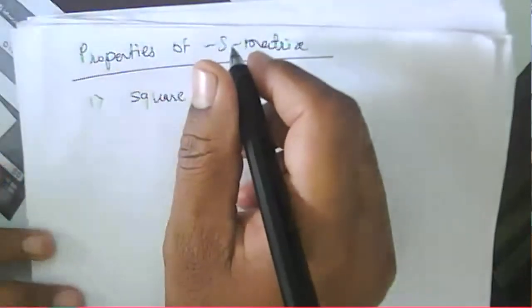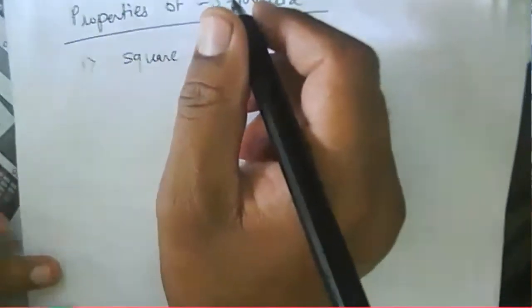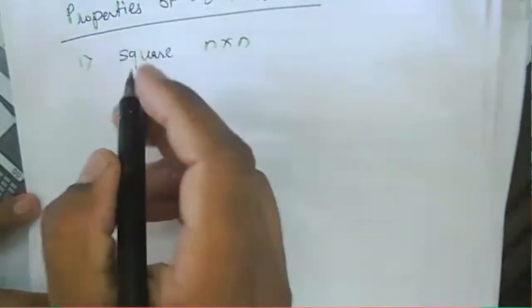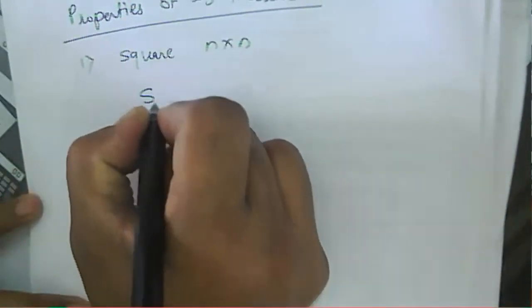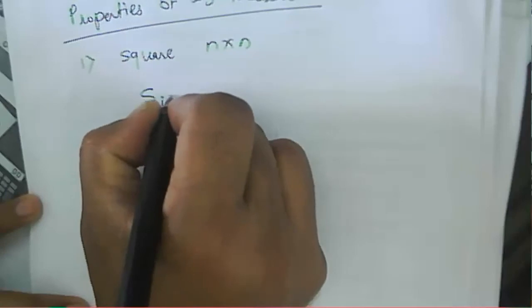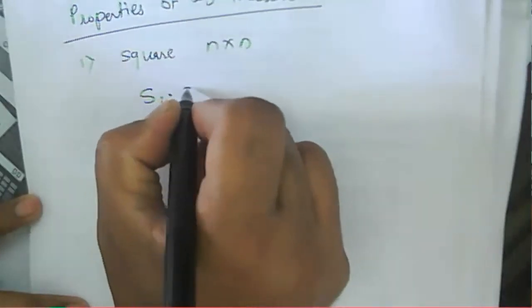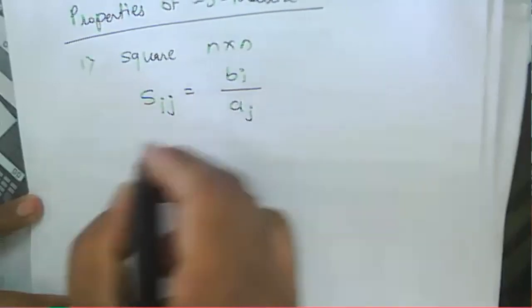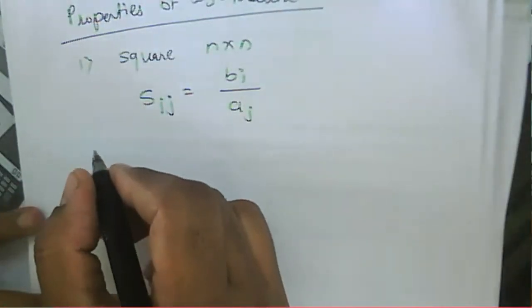The order of the components is n. Generally, a component is represented as Sij equal to Bi by Aj, and we write this for all the ports.